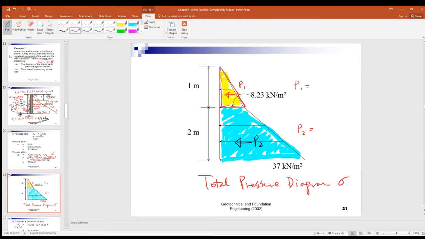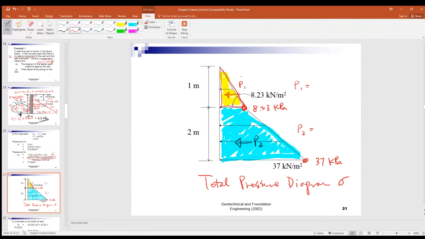So at 1 meter below the ground surface is 8.23 kPa. At the bottom here, 37 kPa, right?